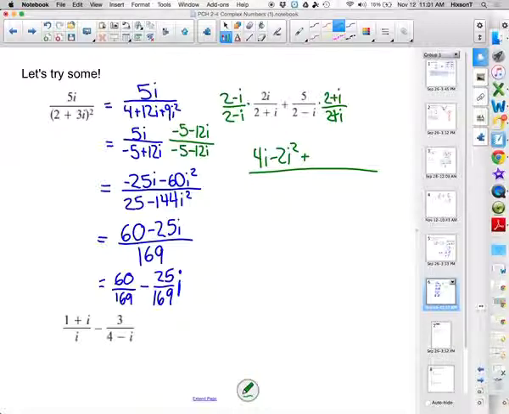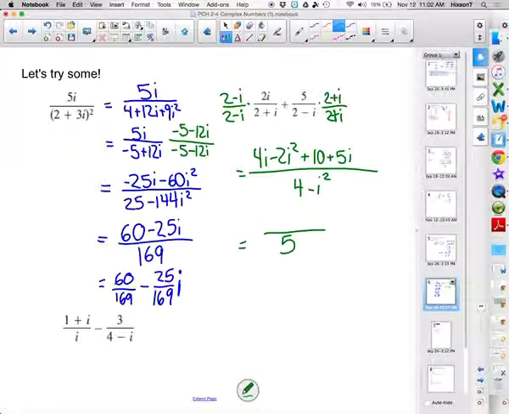And then that's going to be a 10 plus 5i. And this whole thing will be over 2 plus i times 2 minus i, which comes out to what? 4 minus i squared, which is 5. Okay? So that's over 5.